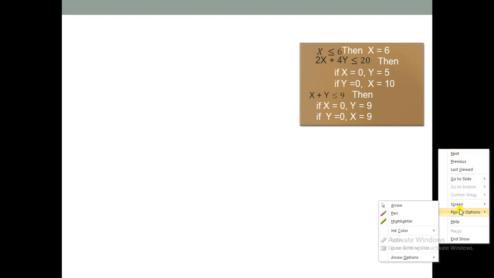So a simple step to calculate all these things is to put x equal to 0, then y equal to 0, and then easily we will get the values of x and y. Now we will have to plot these coordinates on the graph.